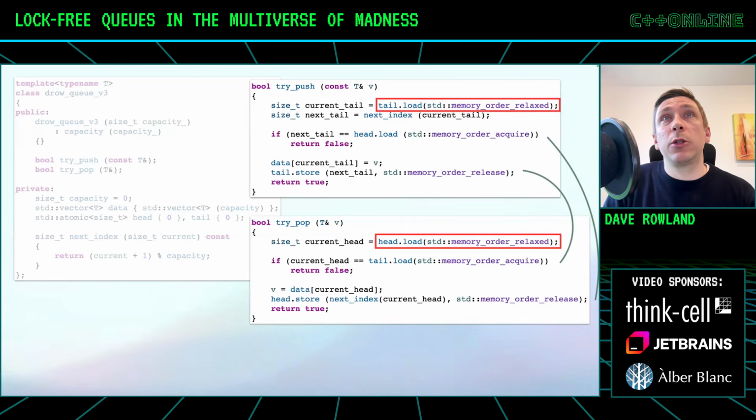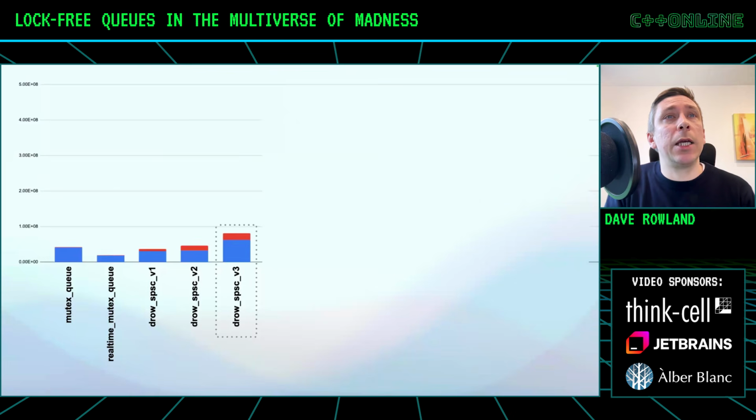And that's because the store to that variable happens within that thread. So because we have the as-if rule, we know that that thread will always have the most recent value. So we can use memory order relaxed here. And if we look at the throughput of this, we can see that gives us basically twice the performance that we had from our V1 queue.